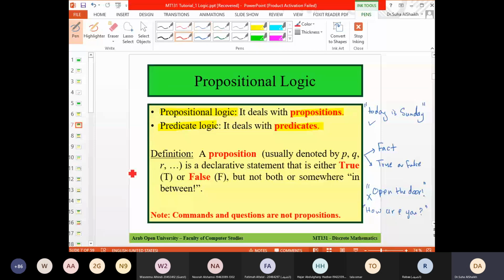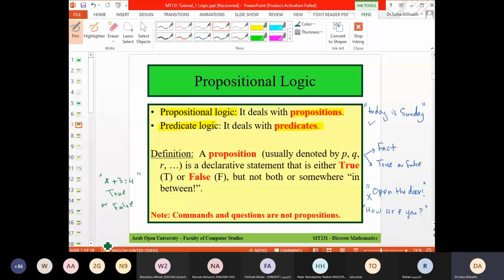Another example: let's say I told you x plus 3 is equal to 4. It has a fact, that x plus 3 is equal to 4. But can you tell if it's true or false?